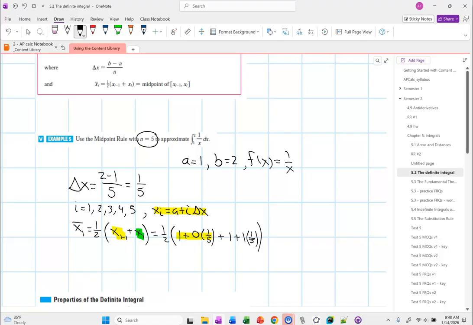Is everybody okay with what I've written? So now I have 1 plus 0 plus 1 plus 1/5. So that's 11/5. Everybody agree? If I multiply that by 1/2, it's 11/10. That's my first midpoint. Is everybody okay there?